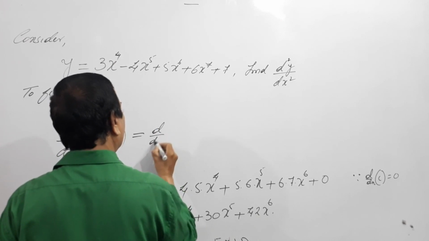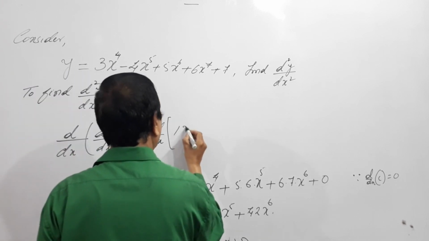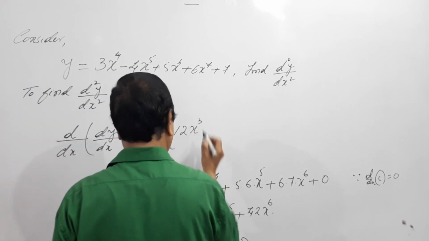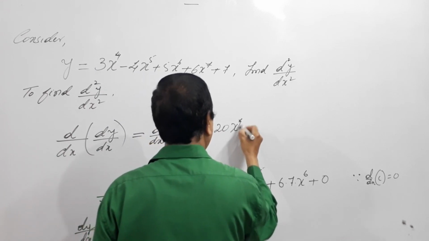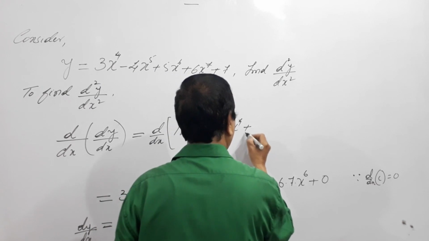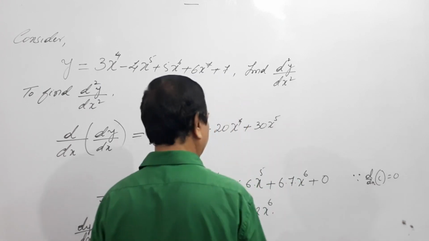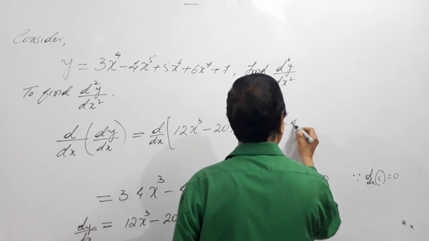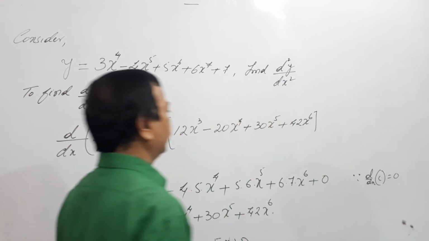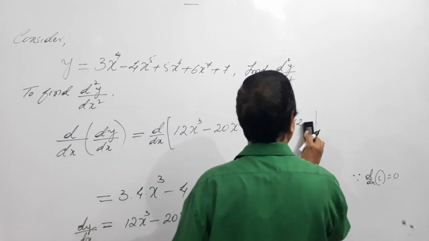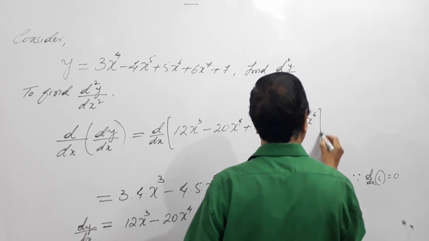So this is nothing but d by dx of this one. So this is 12x cube minus 20 x to the power of 4 plus 30 x to the power of 5 plus 42 x to the power of 6.